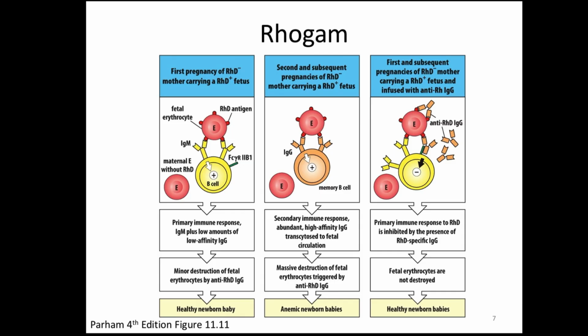So what we do in mom is we treat mom with this antibody that's going to bind to any of baby's red blood cells and actually turn off B cell activation. So any B cell that starts to get activated will get this negative signal through this RhoGAM molecule that's also binding. And we will keep mom's B cells from ever getting turned on so that she never makes this response to Rh and she can have subsequent pregnancies with an Rh positive fetus.